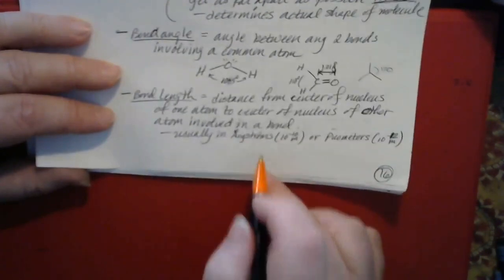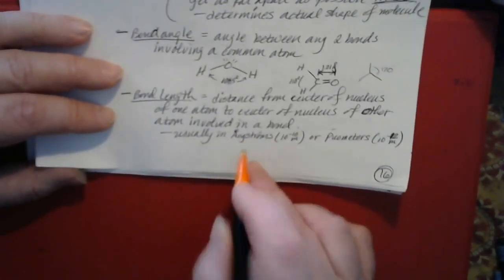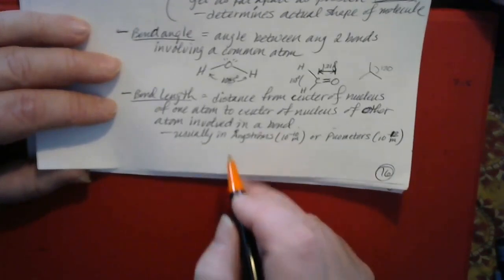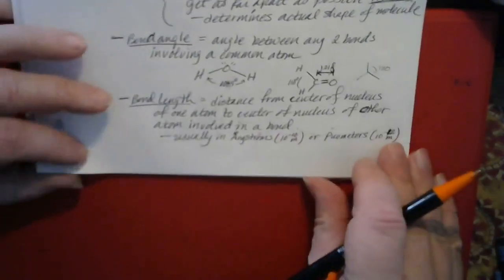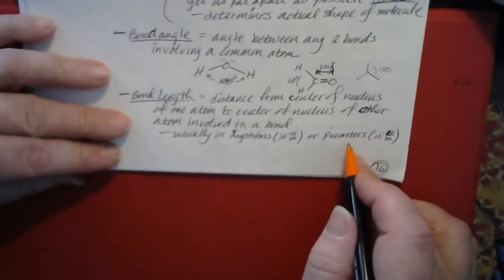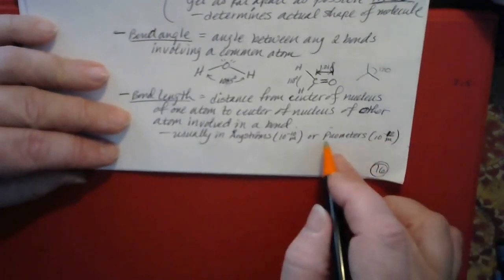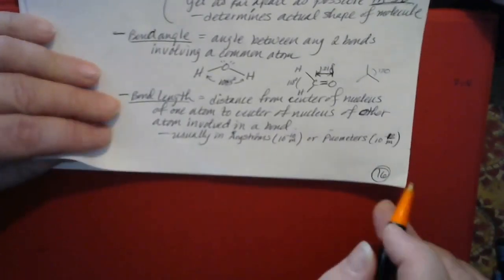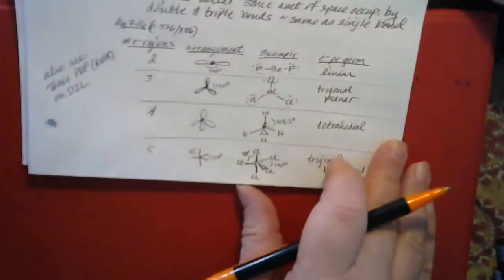It's not an SI unit, but it is often used in chemistry and physics because it is a very convenient unit to use for things like sizes of molecules. Because when you measure in angstroms, you get a convenient number to use. A lot of times, things like bond lengths are also measured in picometers, which is 10 to the minus 12 meters. That is an SI unit. And so that might be easier to use.